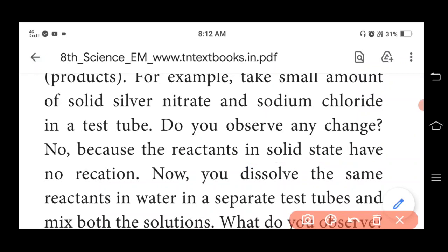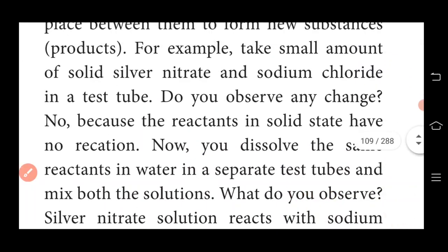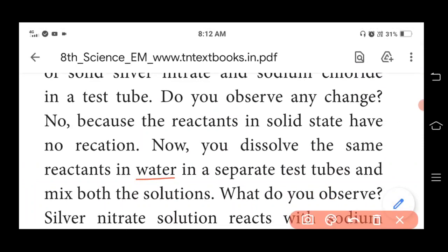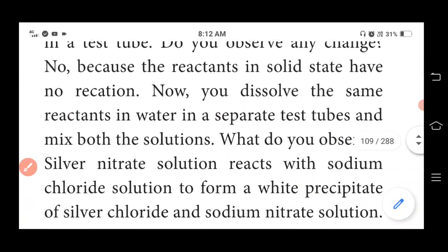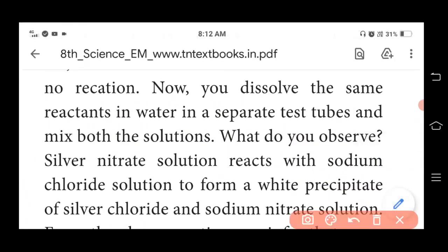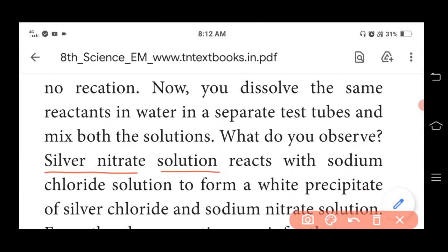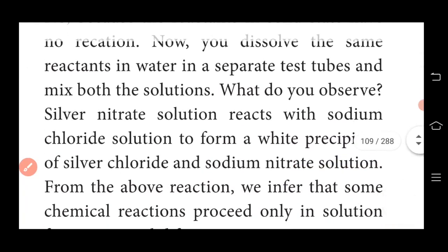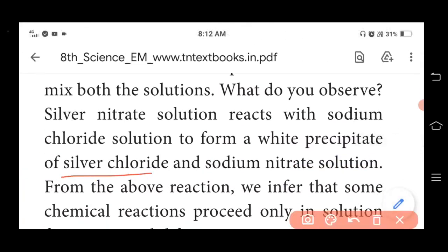Now if you dissolve the same substances in water in separate test tubes and mix both of them, what do you observe? Silver nitrate solution reacts with sodium chloride solution to form a white precipitate of silver chloride and sodium nitrate solution.